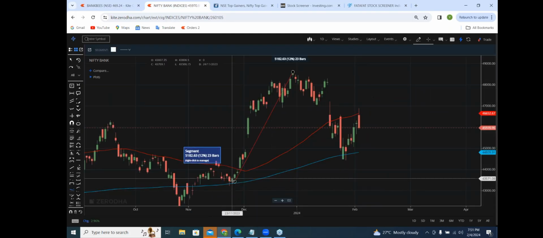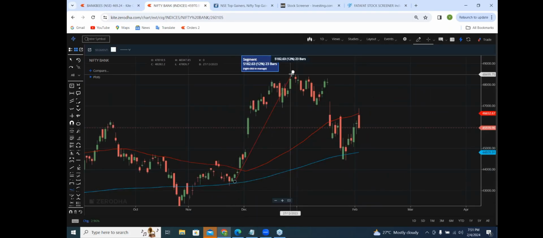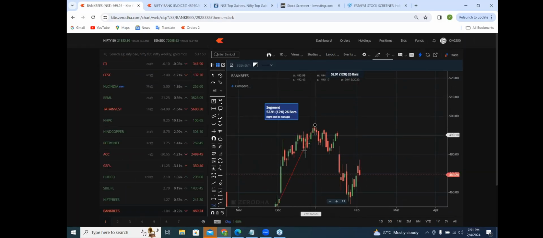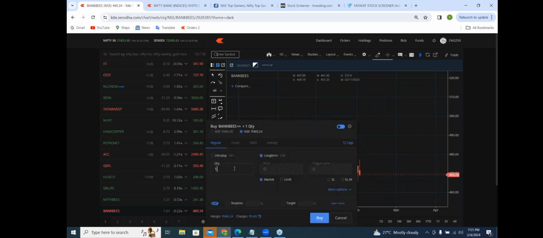So from the fag end of November till the fag end of December, almost one month, there was approximately 52 rupees appreciation. Let us assume you had bought 250 shares.